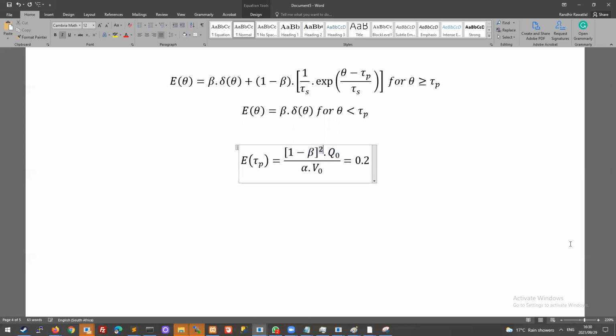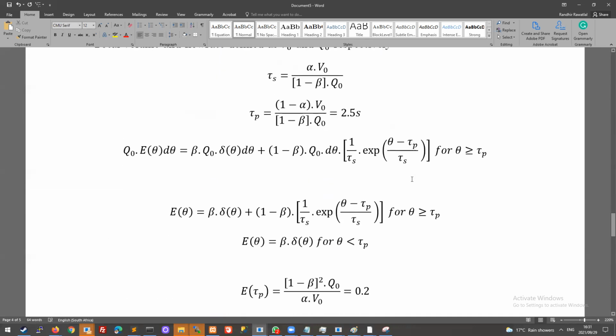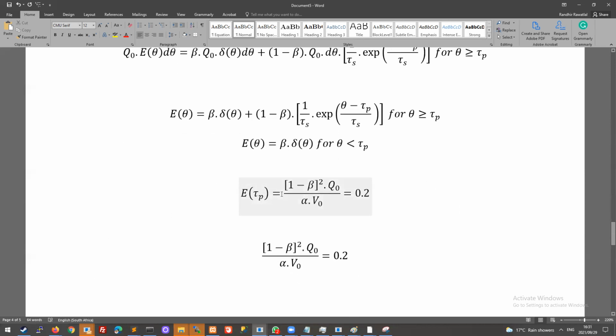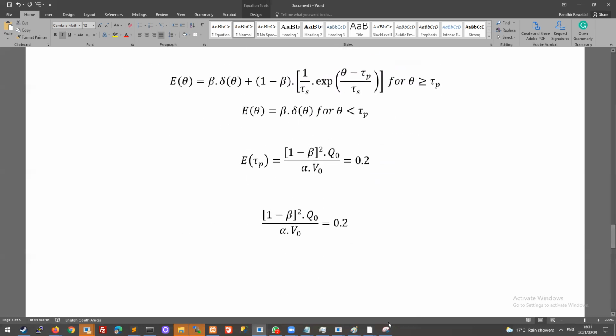Okay, and that's the other relationship that we are looking for. So we have this relationship, and we've got from earlier this relationship. No, where's the other? This one. So 2 equations in 2 unknowns, and we can solve this now.